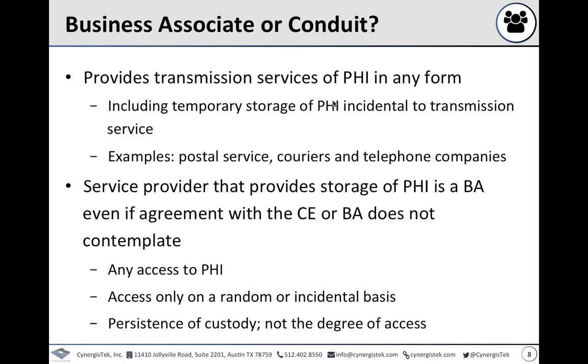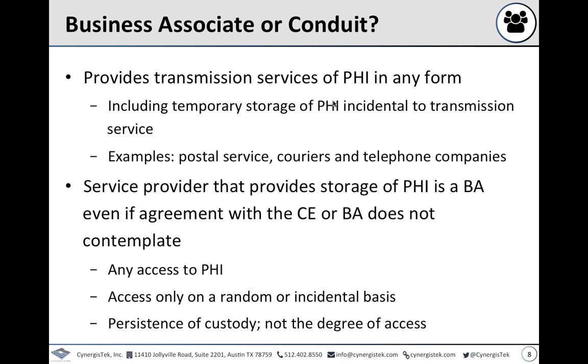One of the issues that is found in the business associate area is answering the question of who is a business associate, and how do you address the question of routine access?